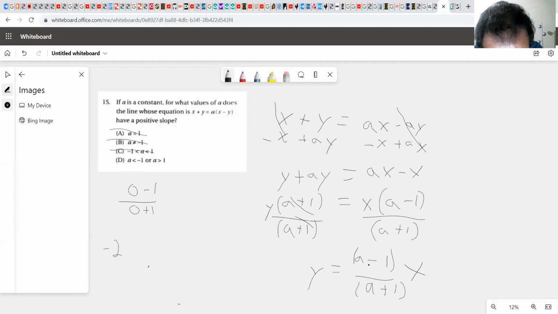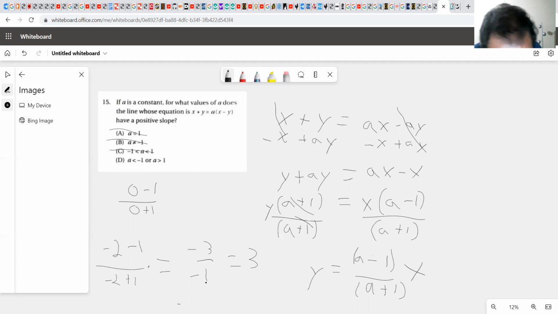Plugging it into this slope, this m value, (a minus 1) over (a plus 1): negative 2 minus 1 over negative 2 plus 1. That winds up being negative 3 over negative 1, which is positive 3. So there you go, you have a positive slope.